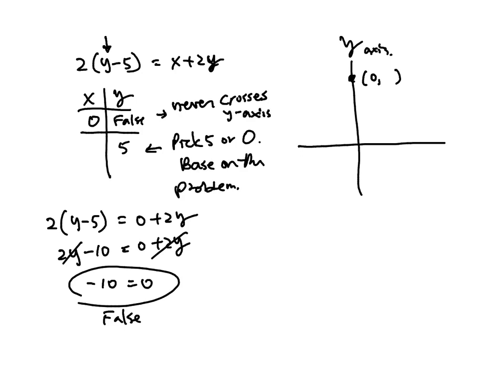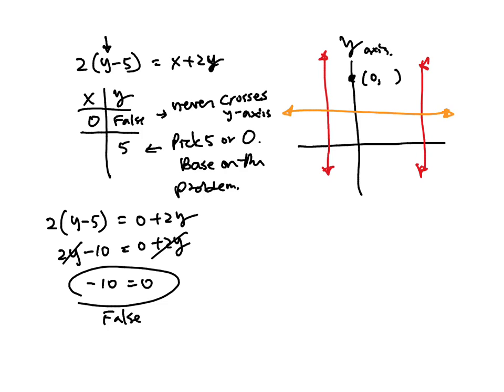And the only way that we're going to have a line that does not cross the y-axis is if it has to be a vertical line of some sort. Because a horizontal line will always cross the y-axis, excuse me, I misspoke.